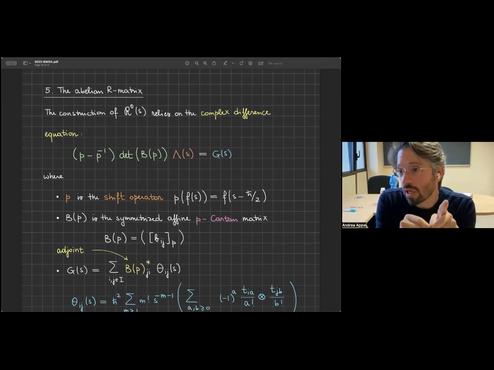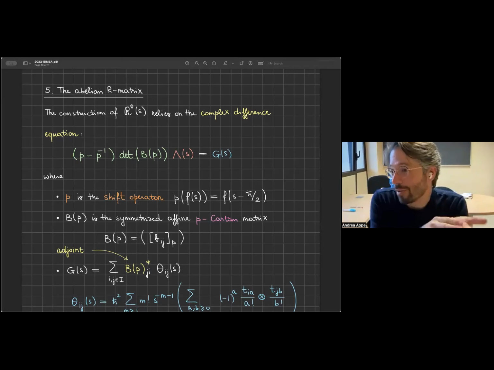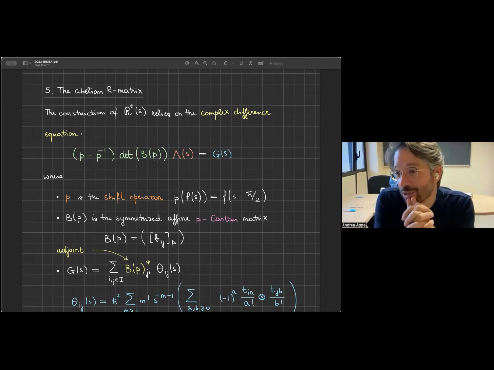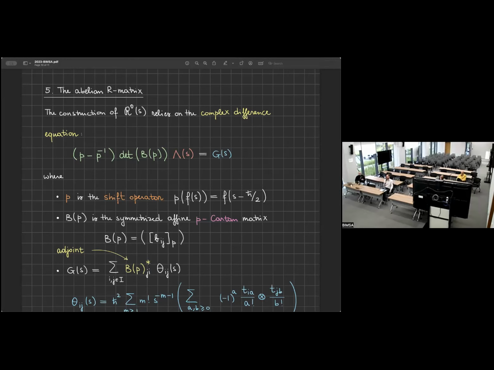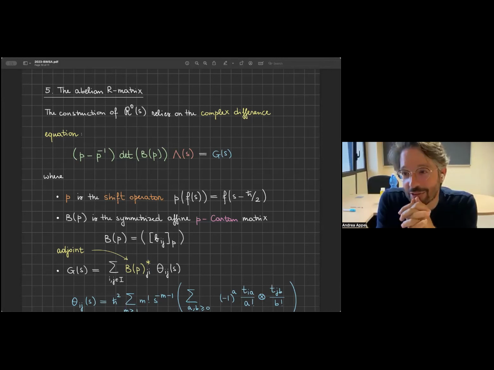So in a certain sense, you need to proceed in a different way. But I should say this is a thesis project, and it just started. So at the moment, it is very much in progress.